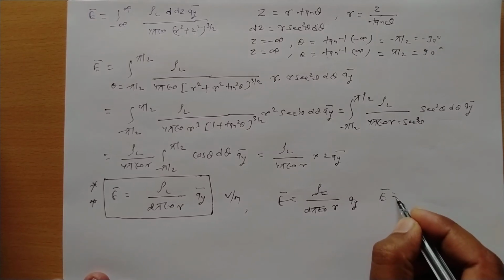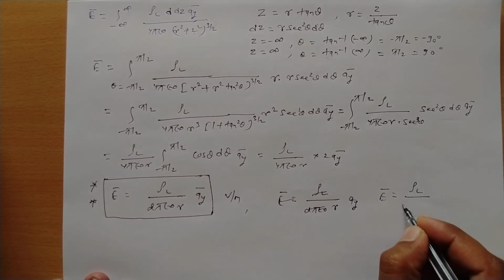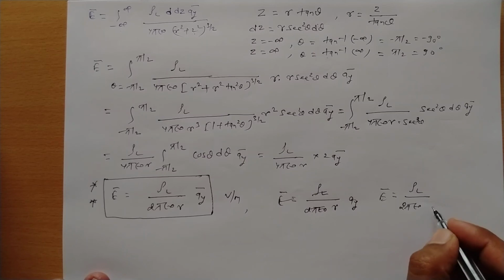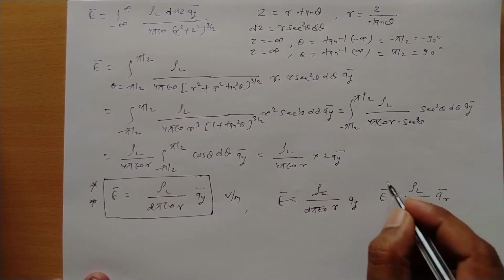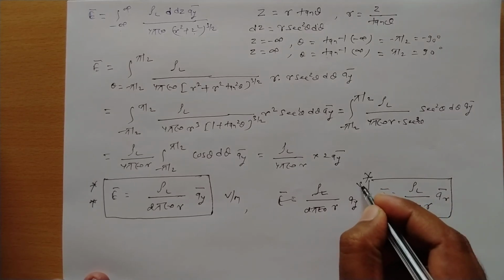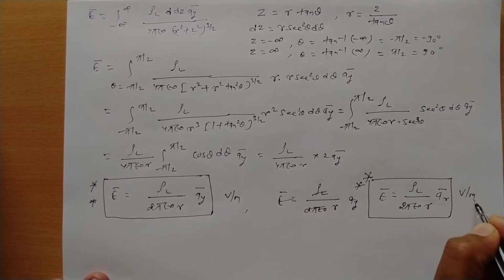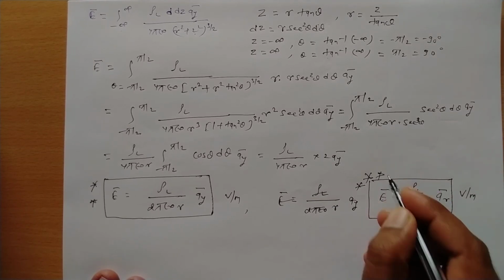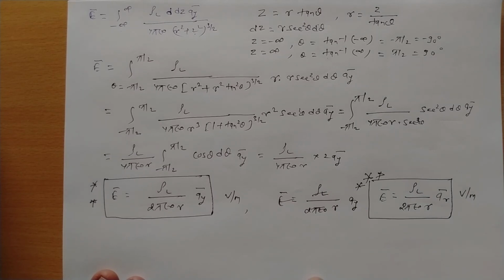So we write the electric field intensity rho L upon 2 pi epsilon naught R, and this is ar. So this is the required expression. Unit will be volt per meter. So this is very important. So this is the expression of electric field intensity due to infinite line charge.